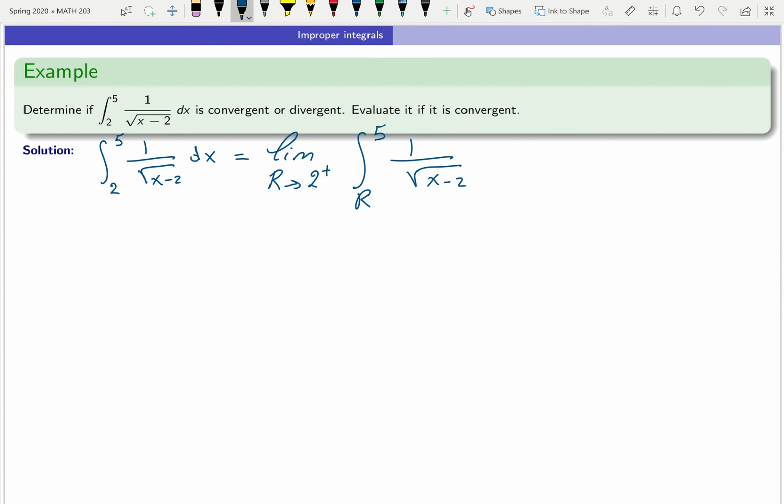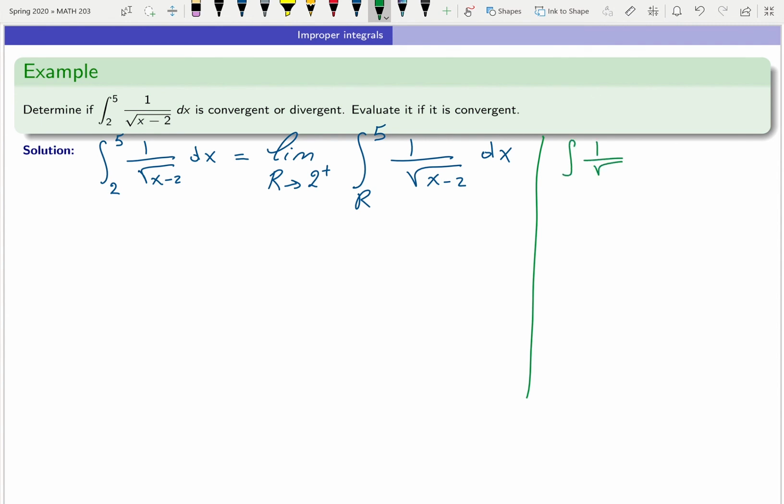Okay. Now the integral of this one, you can use the formula that we gave in a previous slide, like 1 over ax plus b to the power n, because this can be written as x minus 2 to the power negative 1/2. But if you don't have the formula or you forgot, you can simply compute this by substitution.